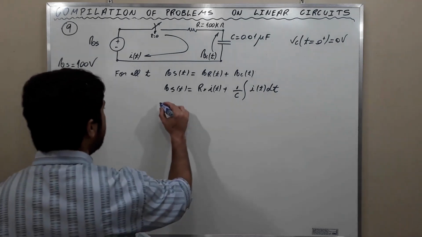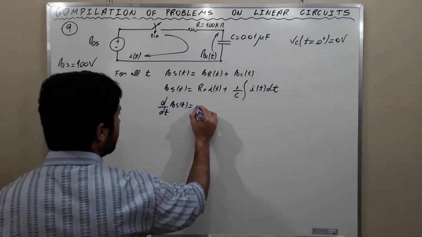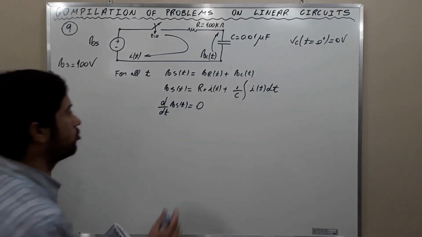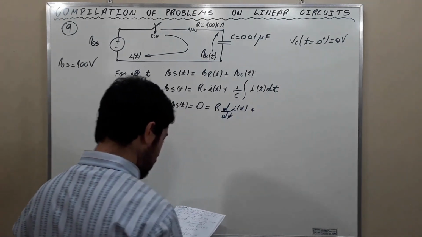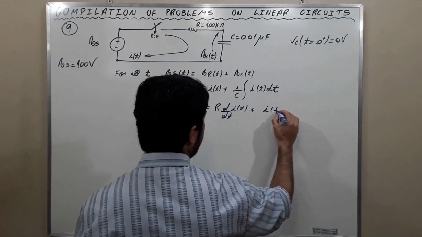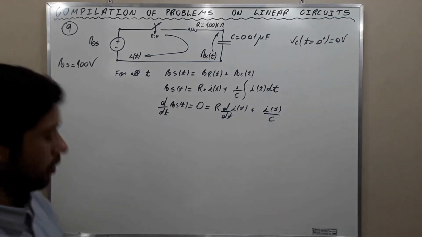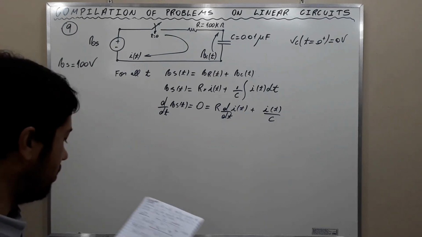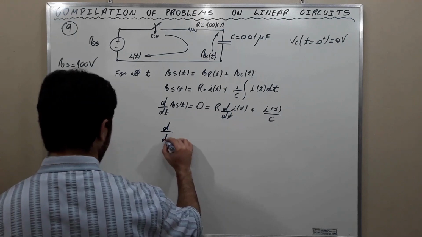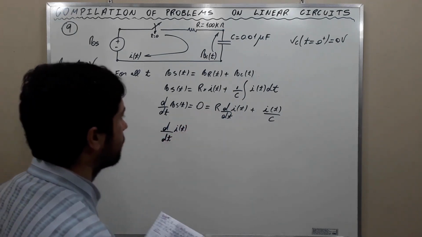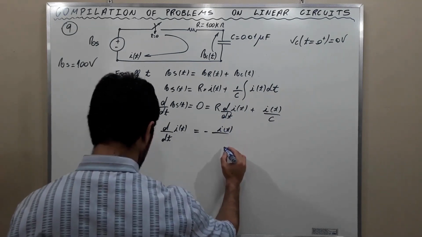So the derivative with respect to time of Vs of t is equal to 0, and this is equal to R times the derivative with respect to time of I of t plus I of t over C. This enables us to conclude that the derivative with respect to time of I of t is equal to the negative of I of t divided by RC.